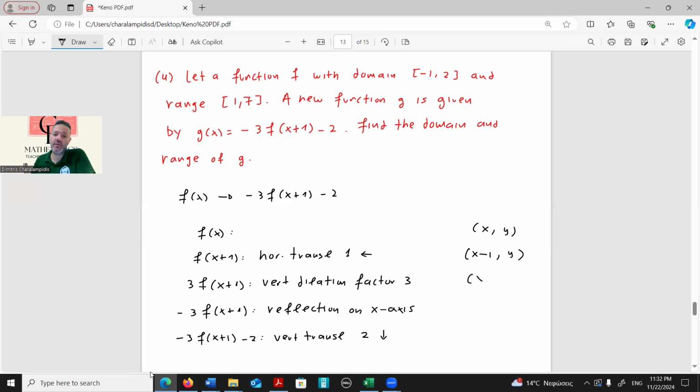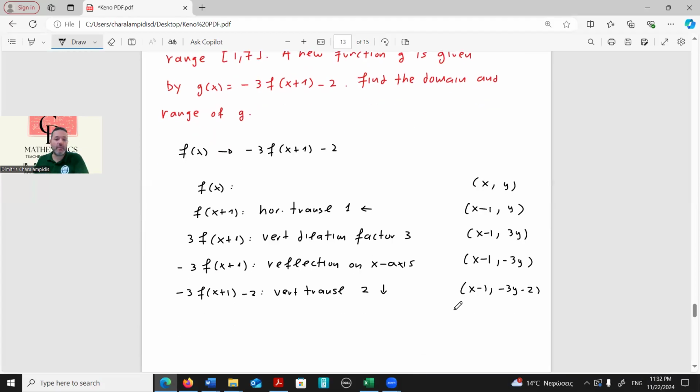So that should be x minus 1, 3y. Then reflect on the x-axis means multiply the latest y by negative 1. So x minus 1, negative 3y. And then take out 2 from the most updated output. The most updated output is the negative 3y, so I should express it as minus 3y minus 2.